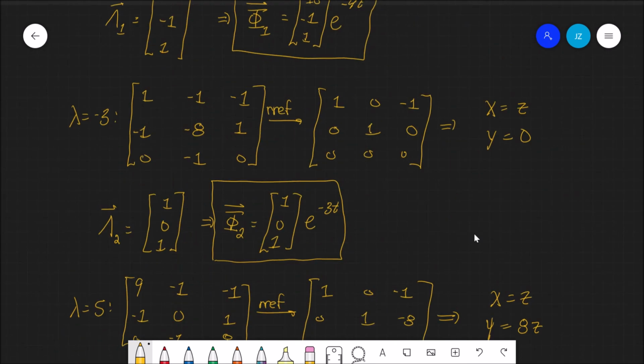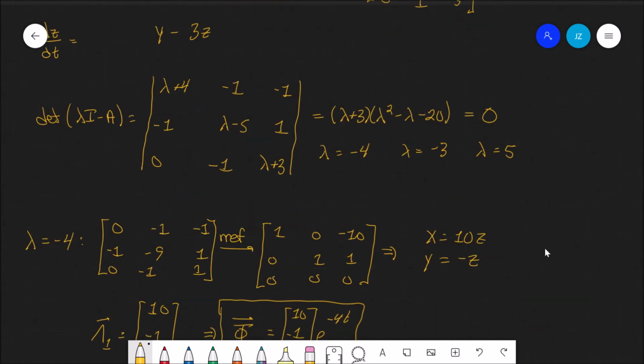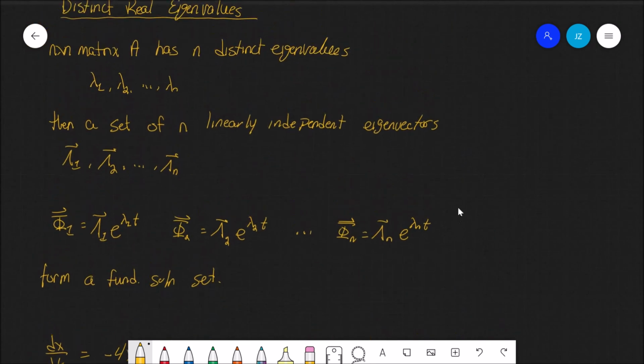We will now go ahead and look at the case where we have a repeated eigenvalue.